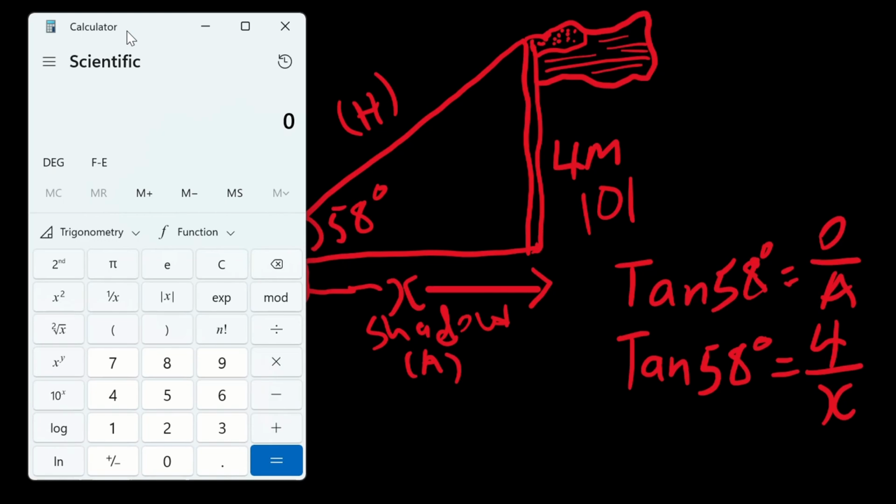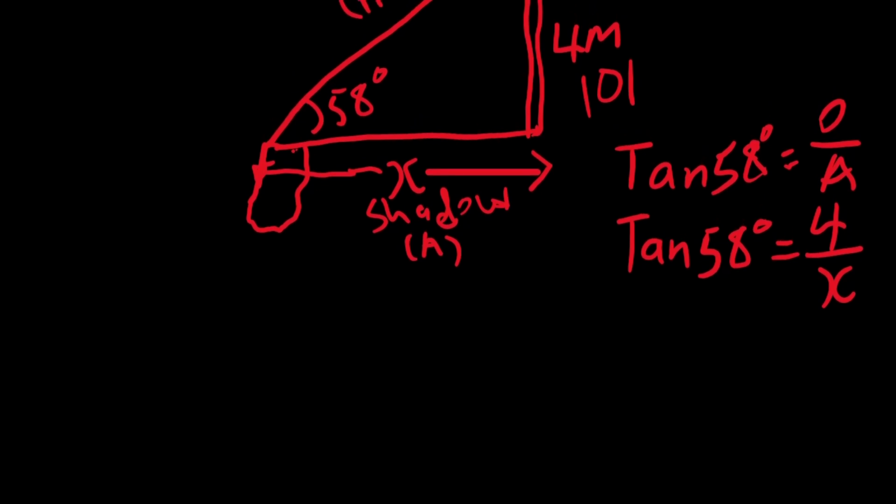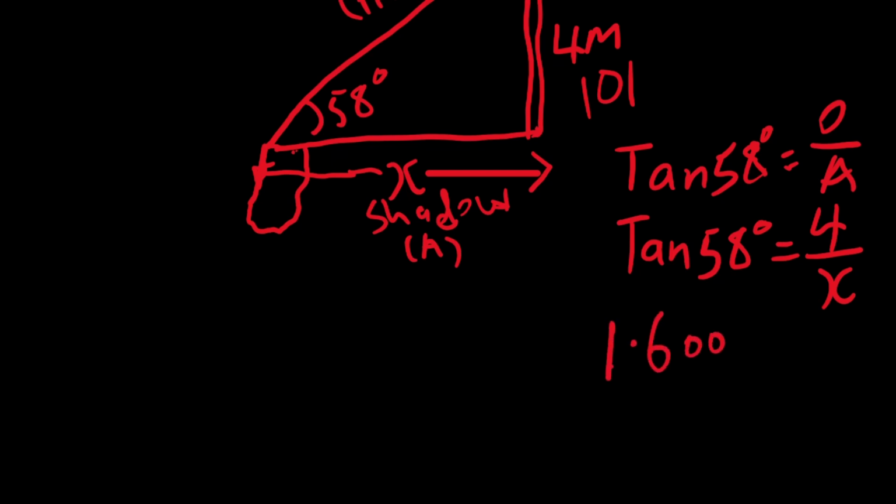So I have 58, I have tan, so it's going to give me 1.6003.